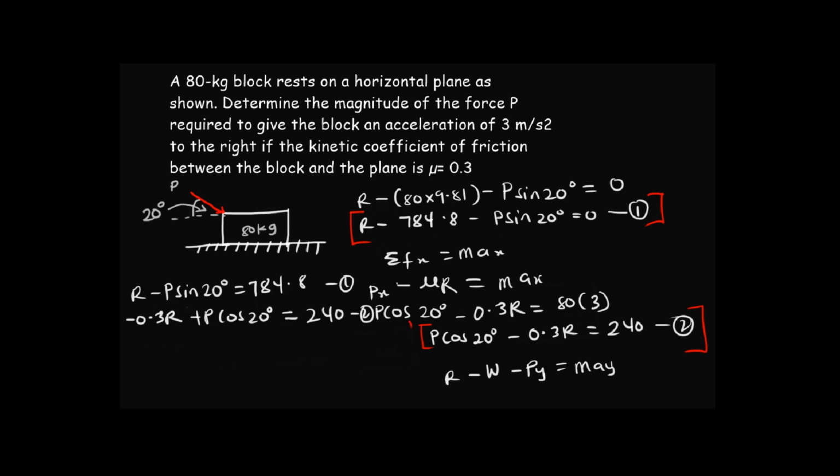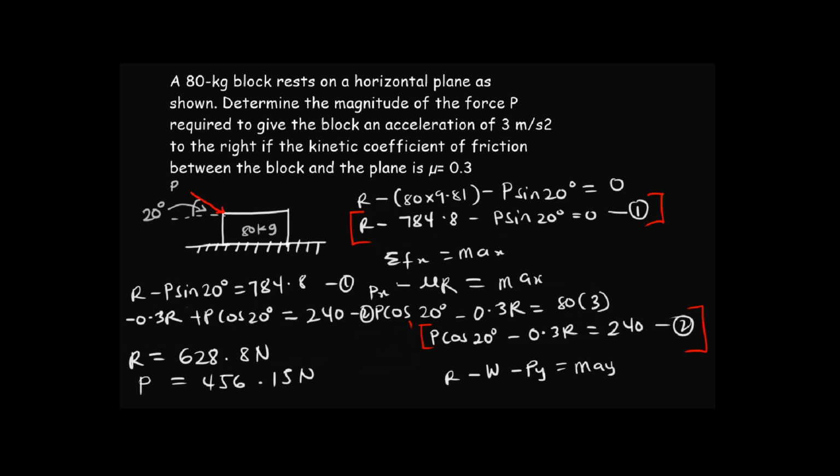So solving this simultaneously, I'm going to have R equal to 628.8 Newton, and then I will have P equal to 456.15 Newton.